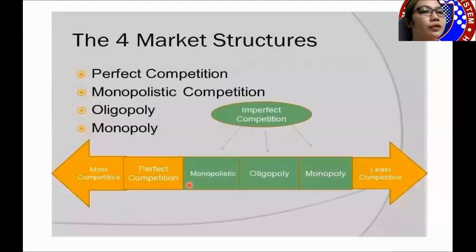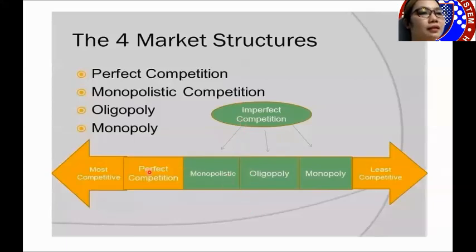So here in the illustration again, you can identify in this picture how it measures the level of competition.